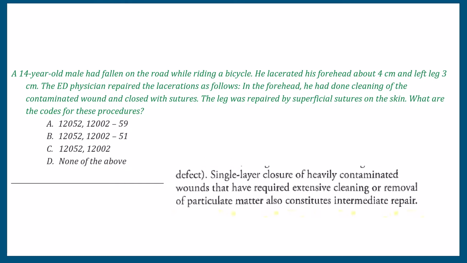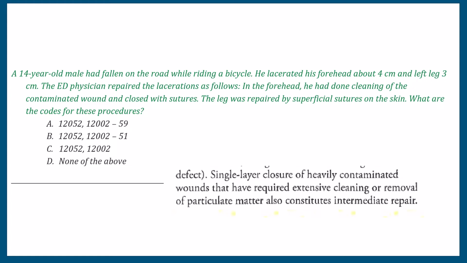So in this case, there are two wounds. One is on the forehead, one is on the left leg, and the forehead wound was a clean and contaminated wound and closed with sutures. So though it is a single layer closure, because the wound is contaminated, we have a guideline that the single layer closure of the heavily contaminated wound that has required extensive cleaning and removal of particulate material also constitutes the intermediate repair.